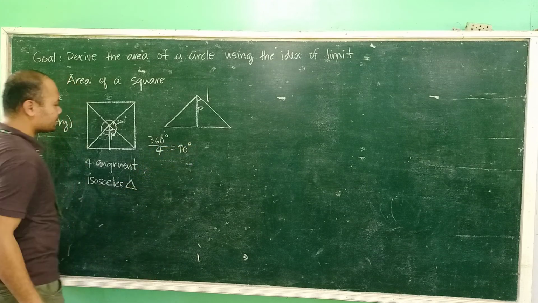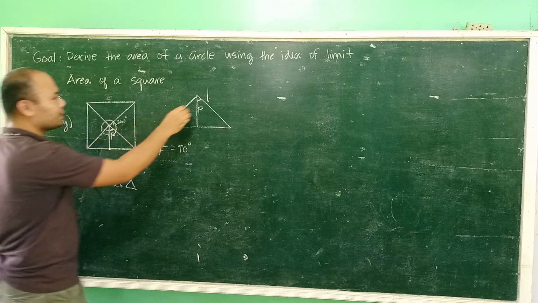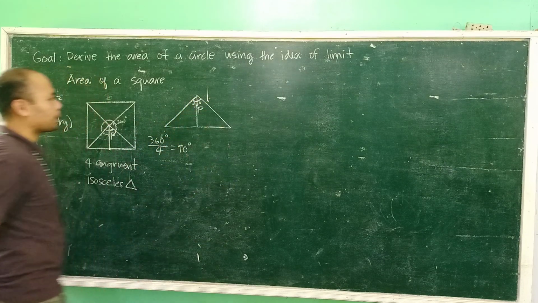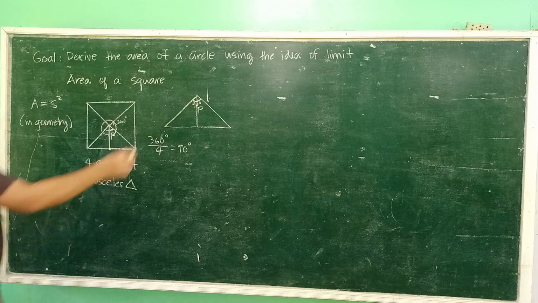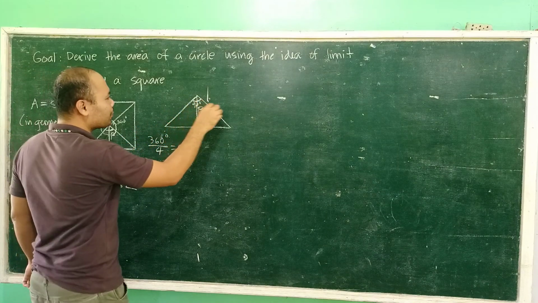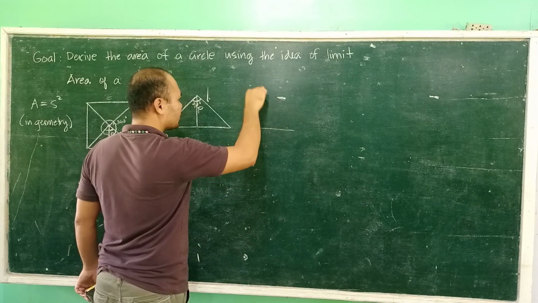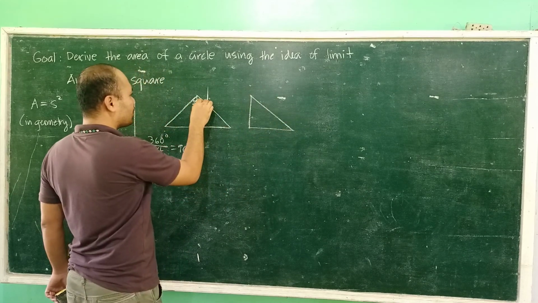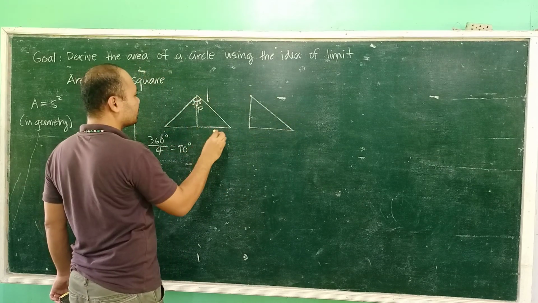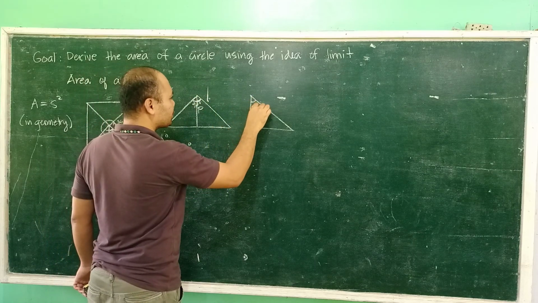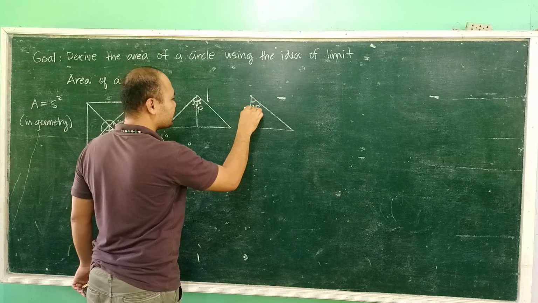So this is 90 degrees. How much is this angle here? That's 45, just half of 90. This is 45 degrees. And of course, this is P.